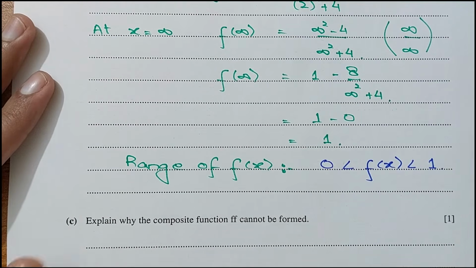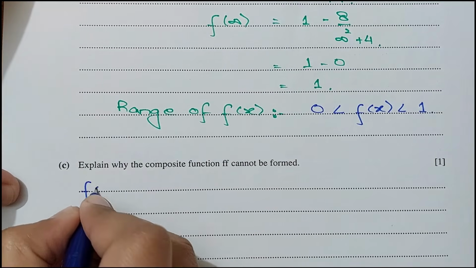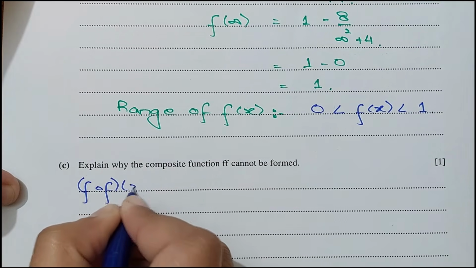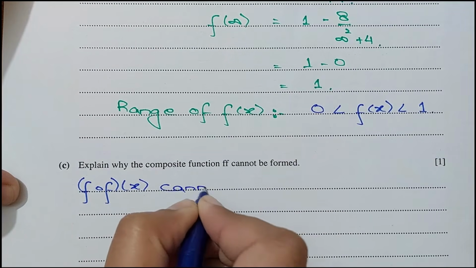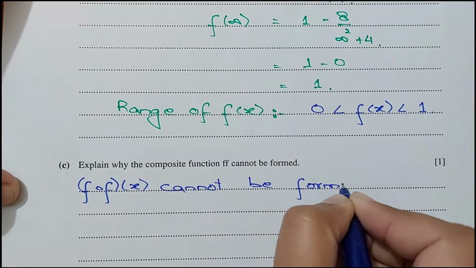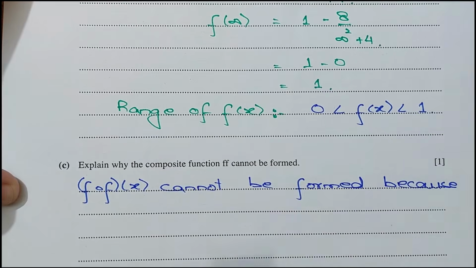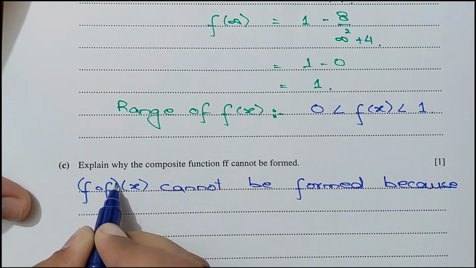Okay, now for part C, explain why the composite function f composition f cannot be found. The reason is that f composition f of x cannot be formed, because we have to look at the range of the inner function.